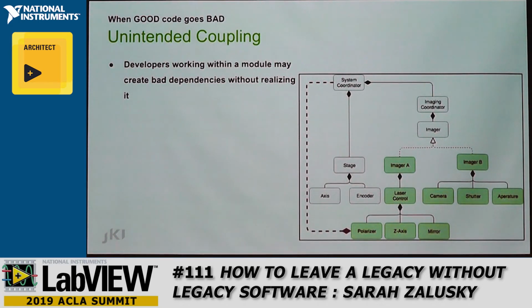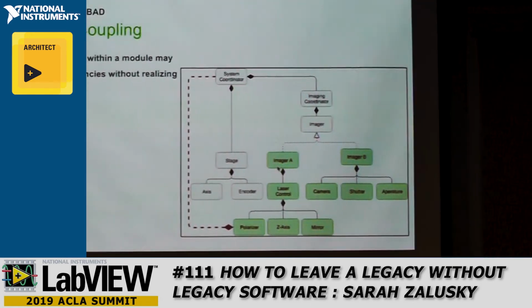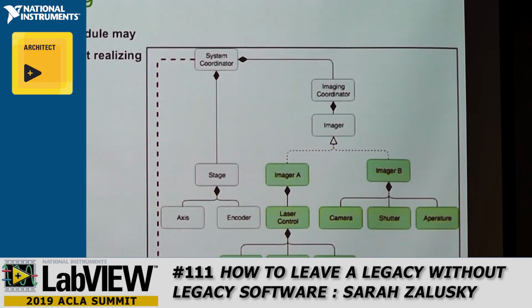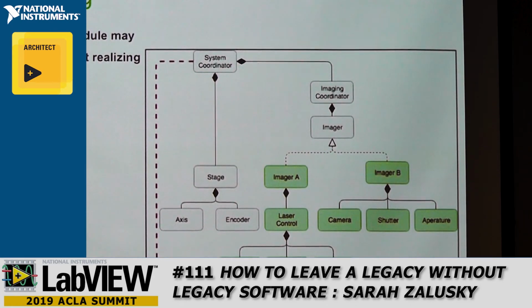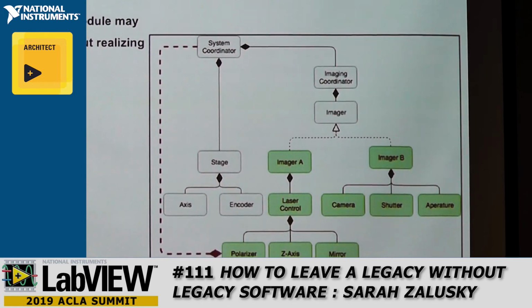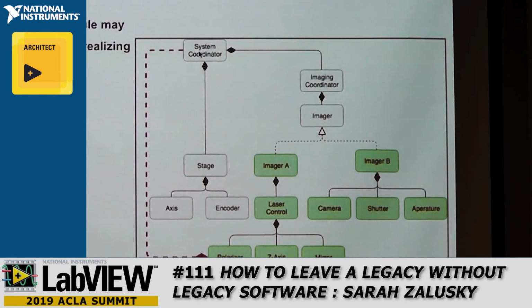Here I have an example. I've got an imager system. I have 2 different flavors of imager. I have a system coordinator which controls motion in the system. Let's say someone is a developer of the polarizer subsystem, and they're tasked with creating a calibration routine. In order to do the calibration, they need to move the stage. So they decide, well, I'm just going to stick a dependency on the system coordinator.